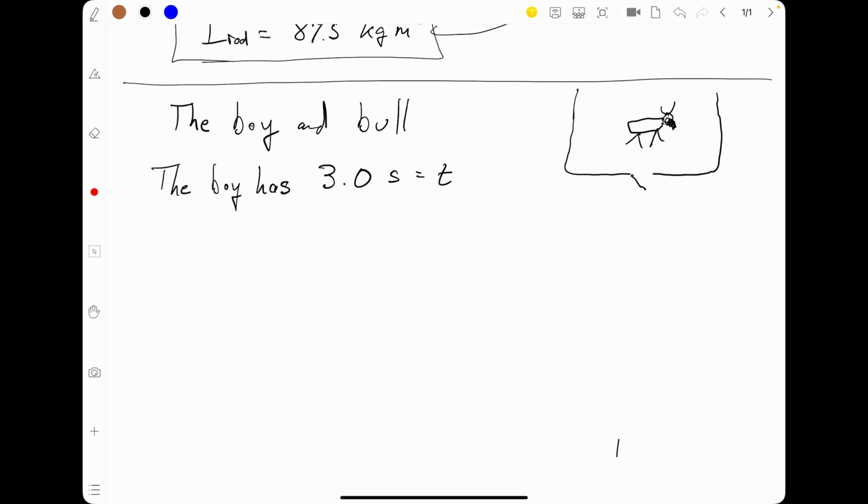Yeah, it's the I of a rod. However, it's not really a rod, so let me draw the picture. Here's our fence. We've got some gate, and the gate is open. The boy has to get this closed.